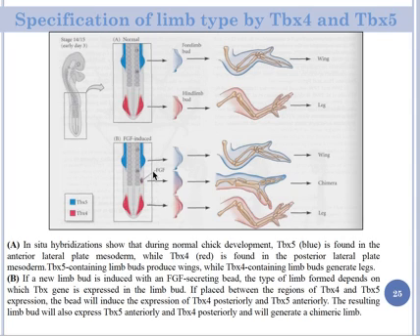In one of the experiments done, they injected beads containing vectors expressing the FGF gene. And they inserted the beads right in this position, between the regions of TBX5 and TBX4.